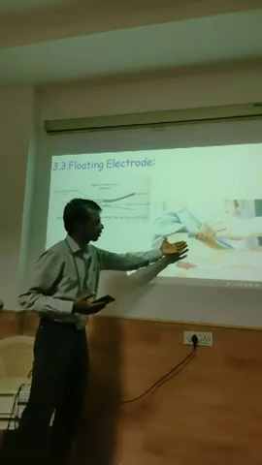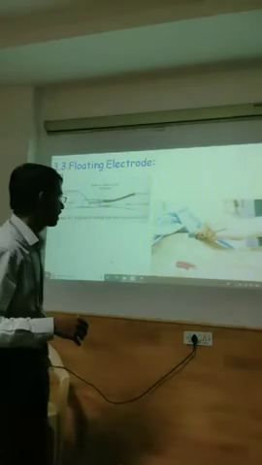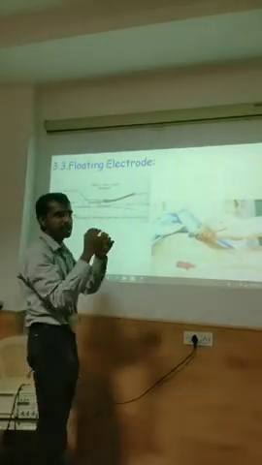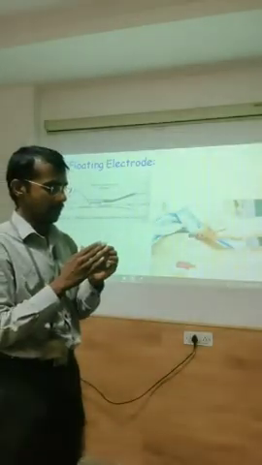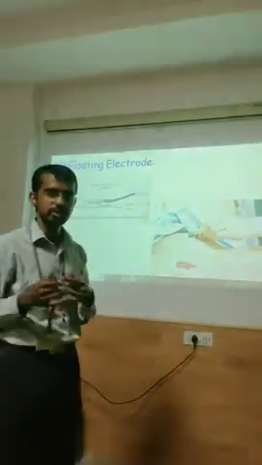The floating electrode also looks the same as the disposable electrode. With the disposable one, you have ready-made glue, you remove the external plastic coat, you stick it, you use it, and throw it.